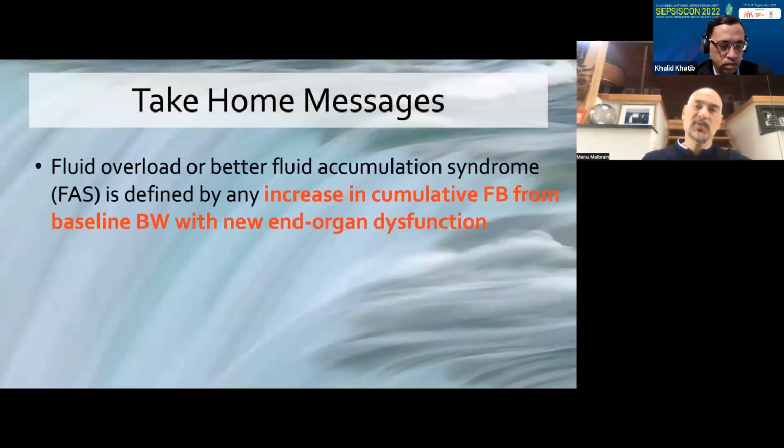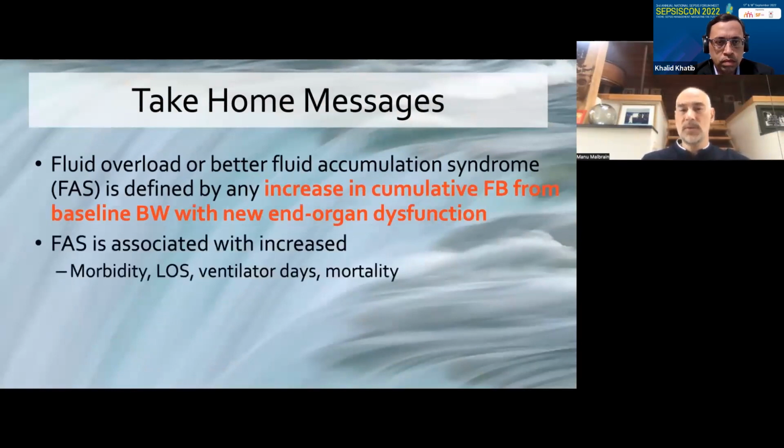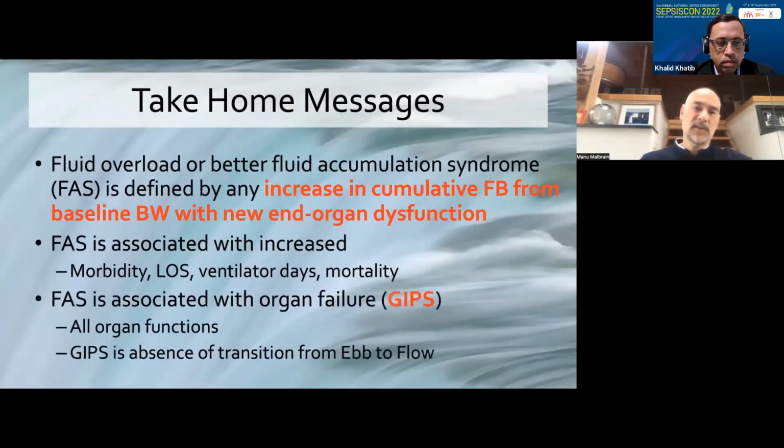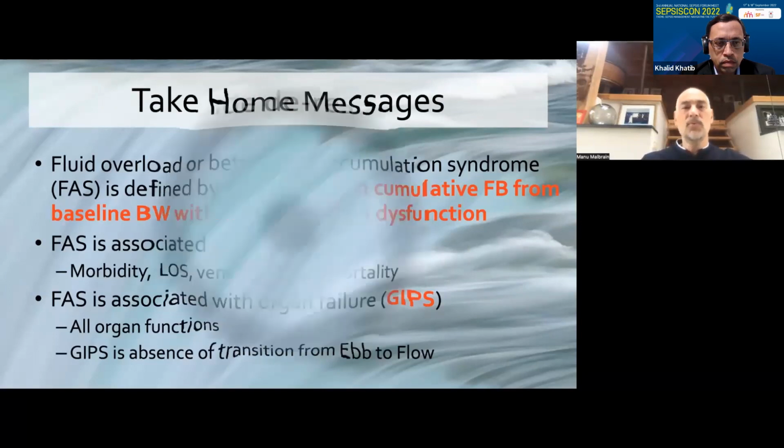Now we talk about fluid accumulation syndrome, which is any increase in cumulative fluid balance from baseline body weight with new end organ dysfunction. It's associated with increased morbidity, length of stay, ventilator days, mortality, and organ failure. Think about this global increased permeability syndrome, it affects all organ functions. Gibbs is the transition from the ebb to the flow phase.